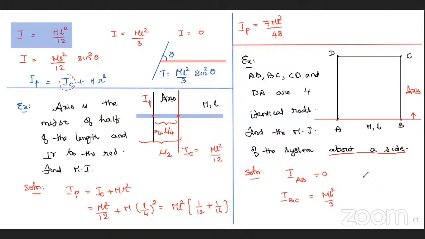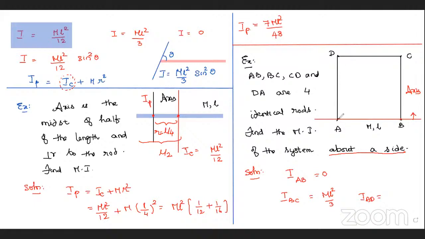And then here, look at the side AD. How much do you say for the side AD? Yes, again ML square by 3. Very good. Why?